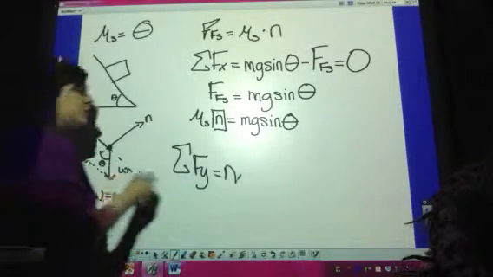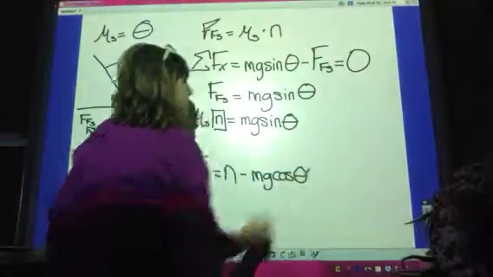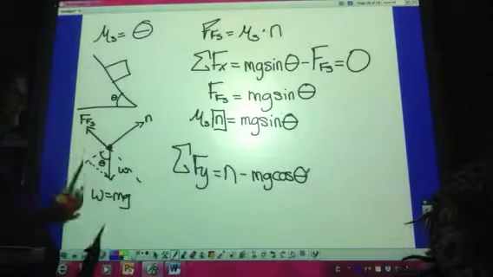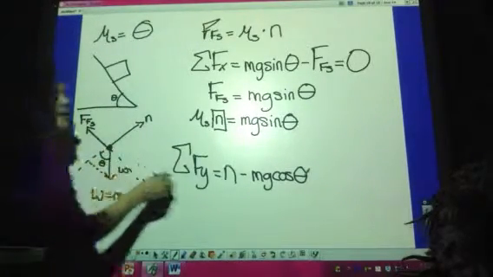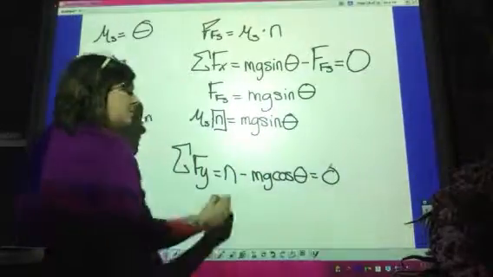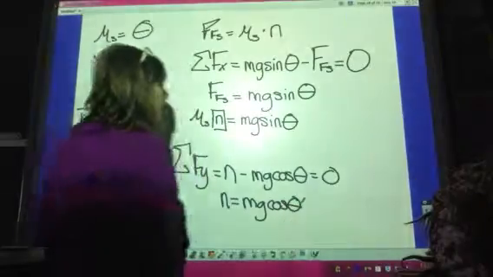So that would be mg, so minus mg cosine theta. Again, if we're assuming that this block is at rest because it has static friction, then I could say these are equal to 0. So N equals mg cosine theta.